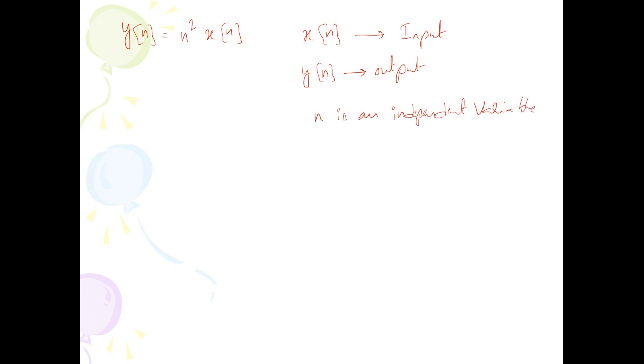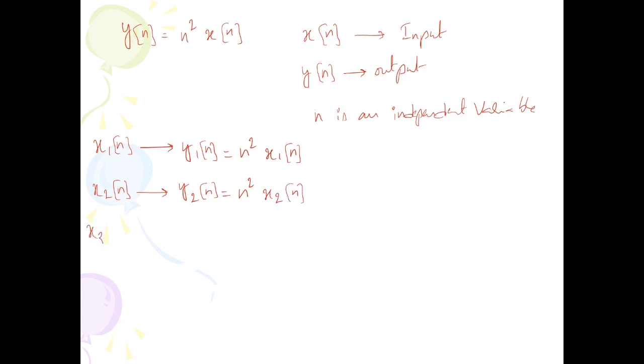Procedure is same. You have to apply x1 of n to get y1 of n, which is nothing but n square into x1 of n, and x2 of n, you will get y2 of n, which is nothing but n square into x2 of n.